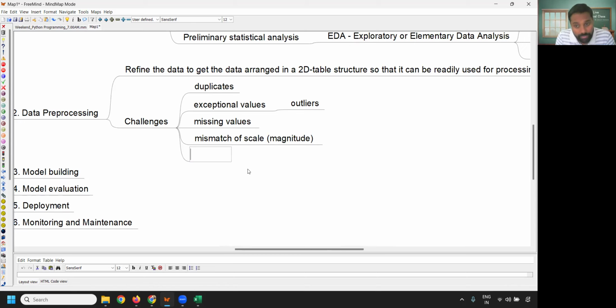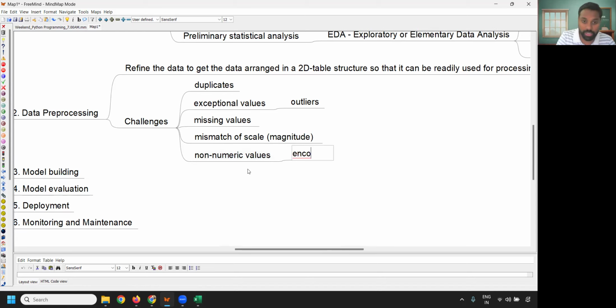We cannot use them in mathematical computation, so we will have to convert non-numeric data to numeric data. We basically do something called encoding, and so on and so forth. There are many such challenges. These are some of the standard default problems that we will have, which need to be addressed.